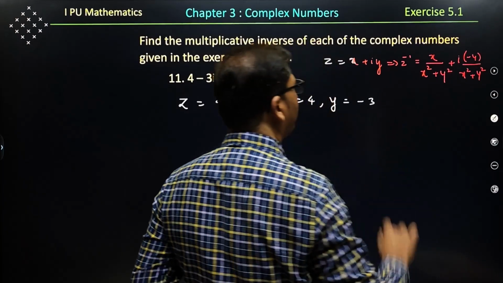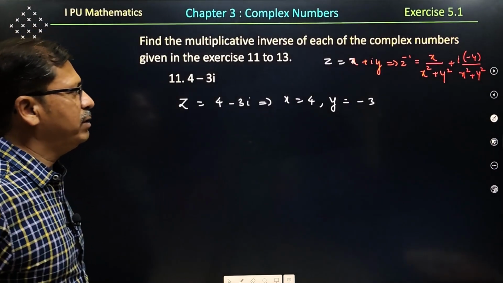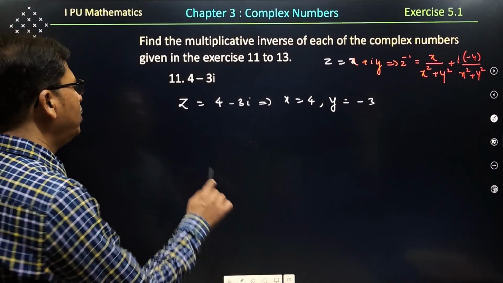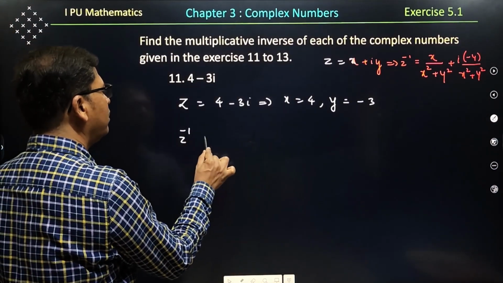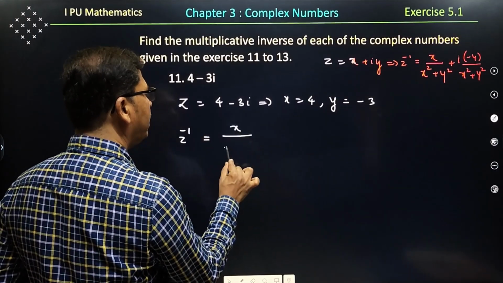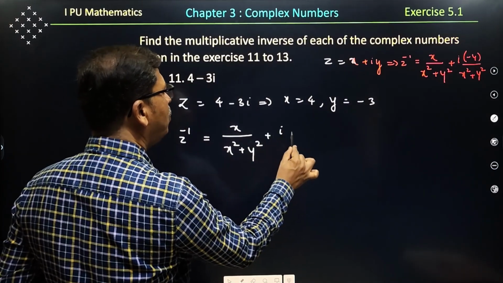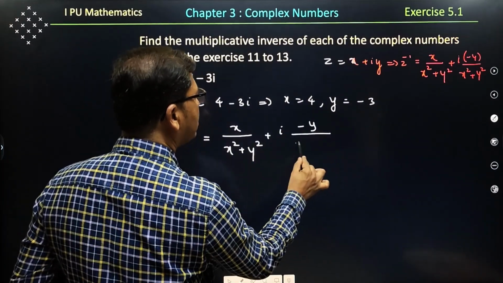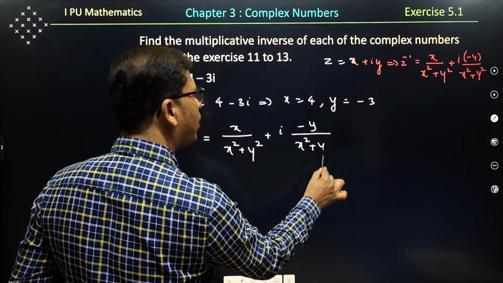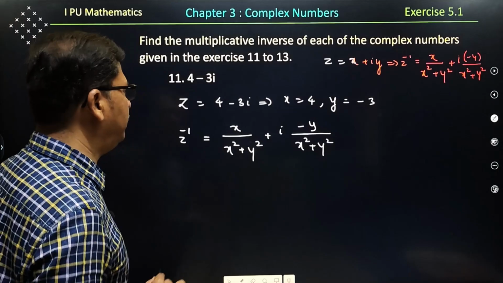This is the value of x and y. Now z inverse is given by the formula. The multiplicative inverse of z is given by x divided by x square plus y square plus i into minus y divided by x square plus y square. This is the formula here.